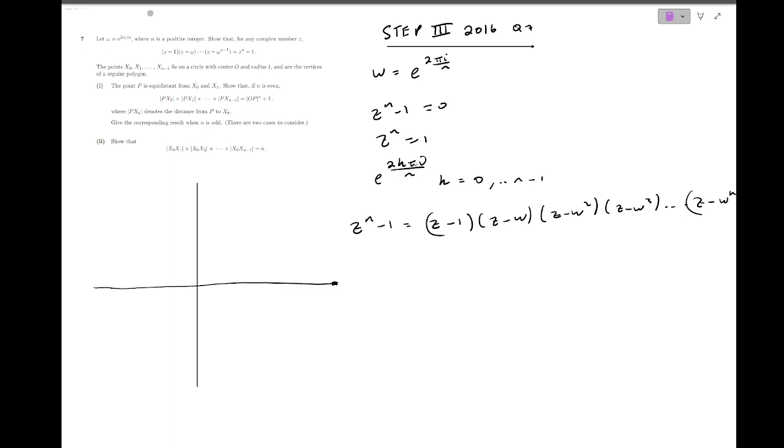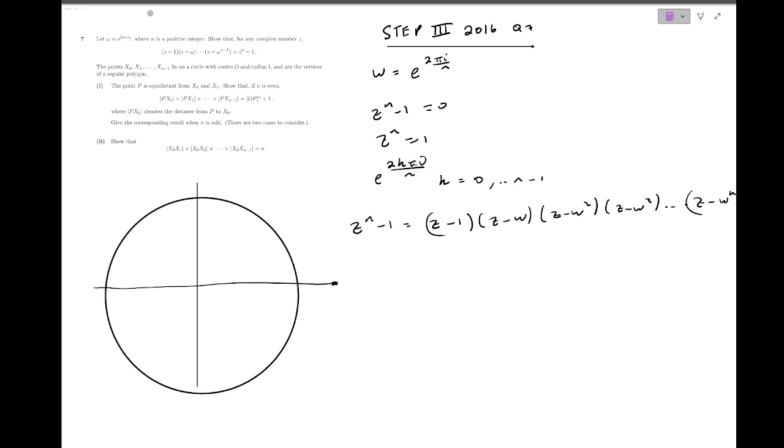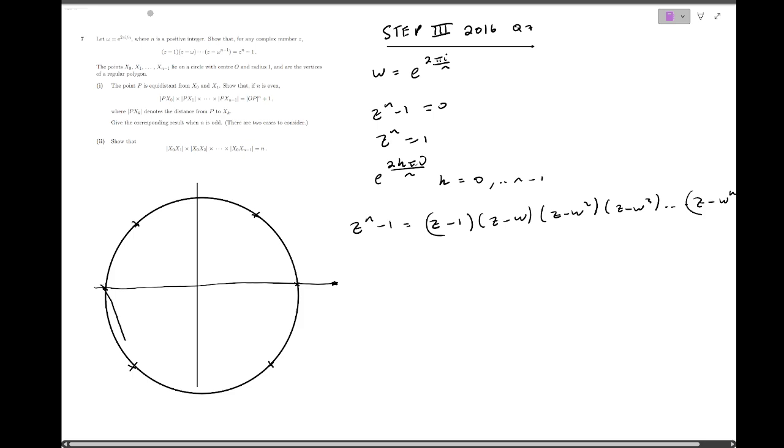So it will look something like this. This is just a hexagon because it says n is even. So I'll draw a hexagon because why not?